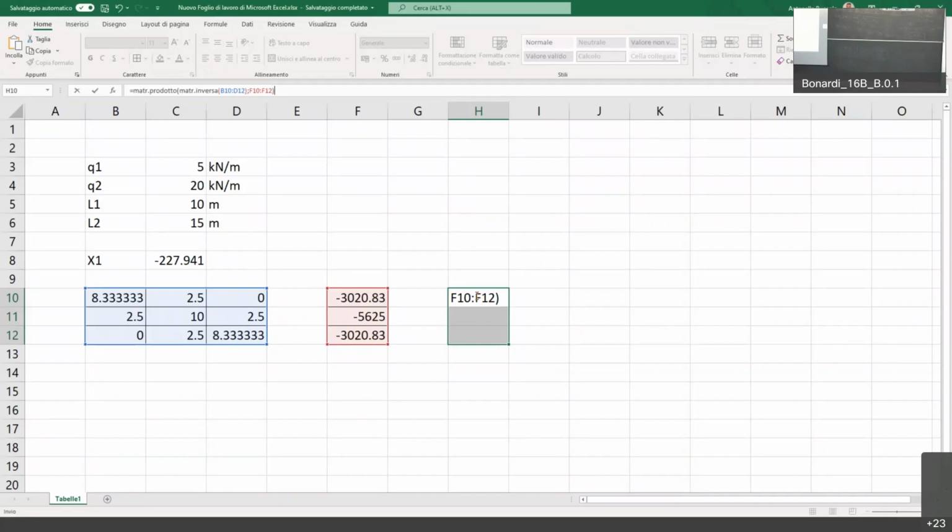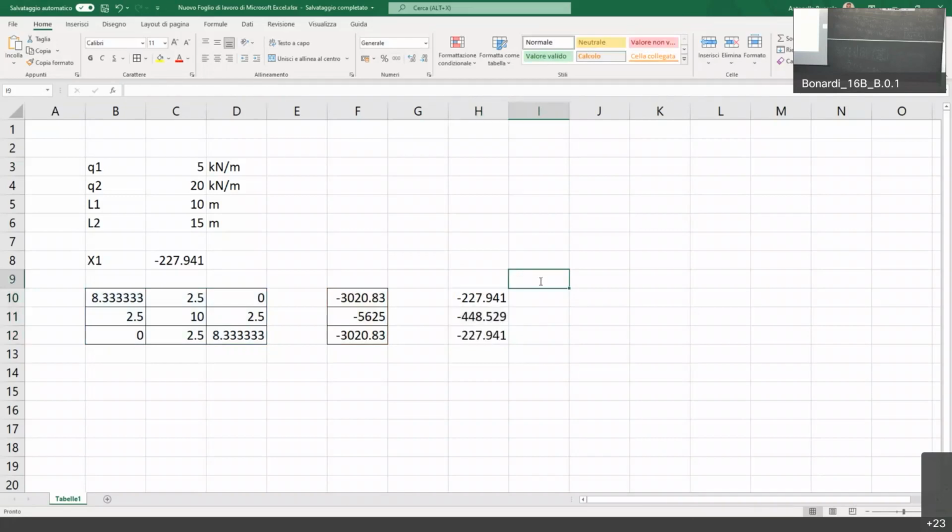Then to get the result, we have to press Ctrl, Shift, Enter. Okay? So that in this column, we get the result. So minus 227 is the same as what we computed before. Okay?